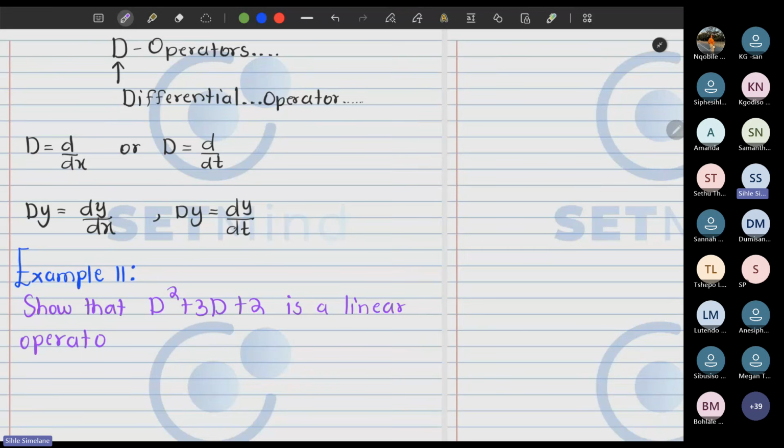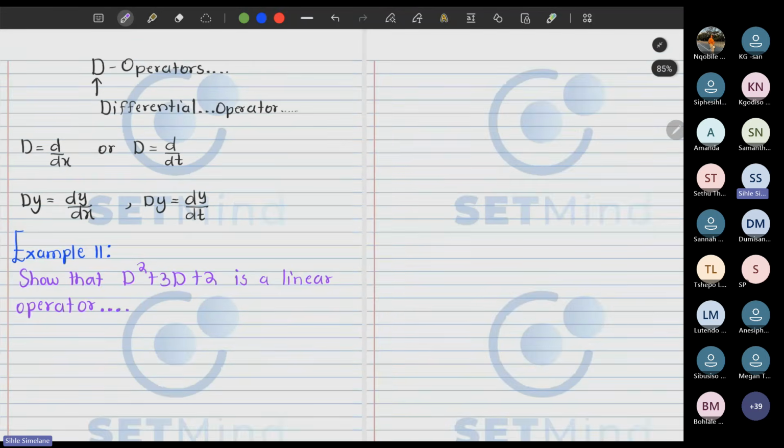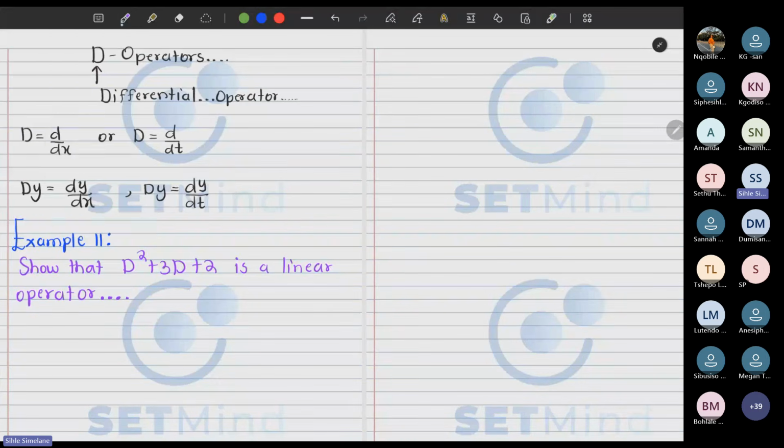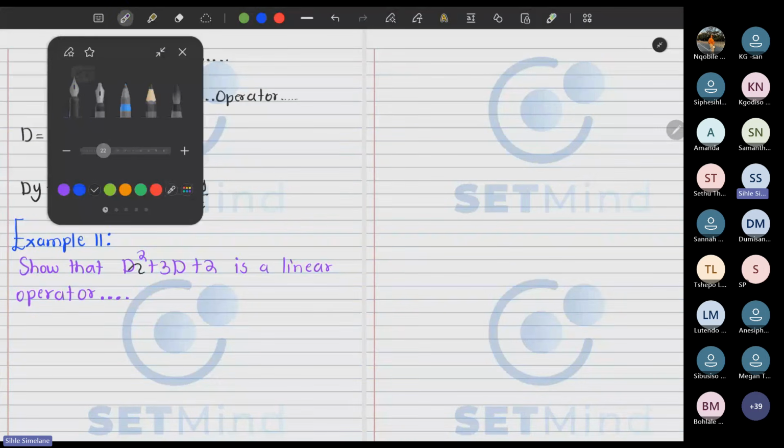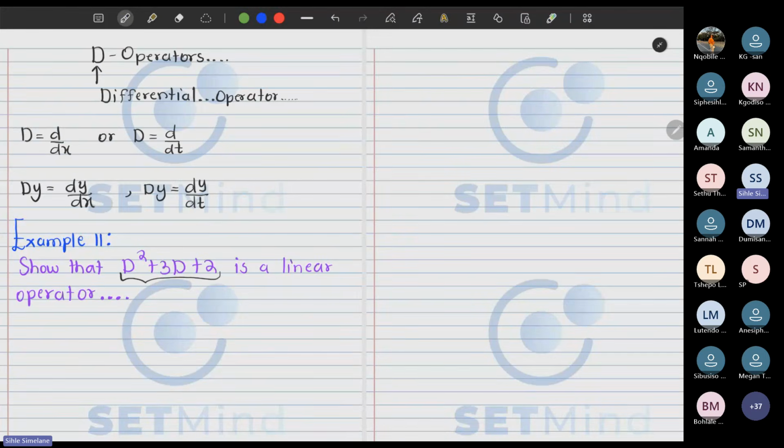This speaks to what I introduced to you. So how are we going to do this? The first thing is to take this polynomial and say what we have is a polynomial in D, which means D squared plus 3D plus 2.